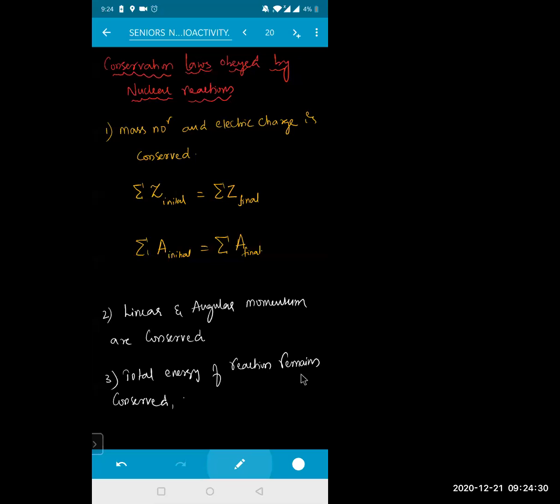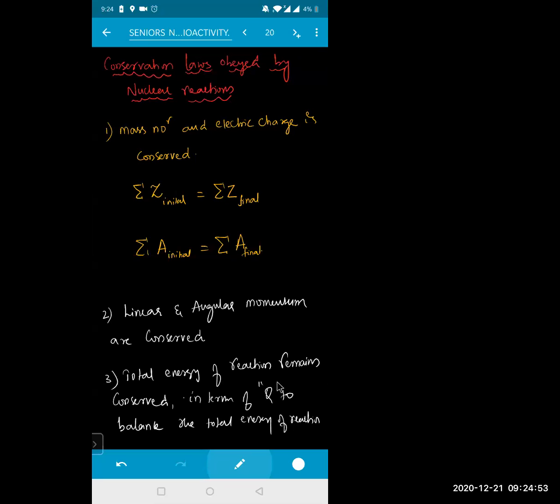Total energy of the reaction remains conserved in terms of Q, to balance the total energy of your reaction.